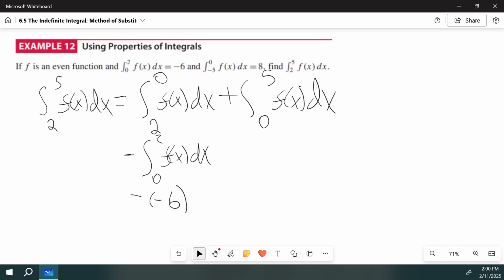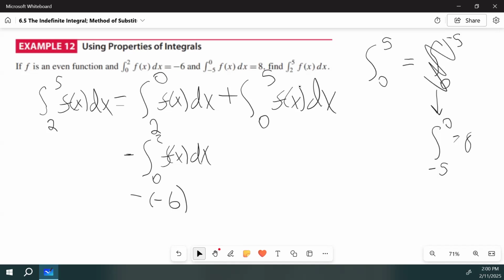And since f is even, the integral from 0 to 5 is going to be equal to the integral from 0 to -5. But they gave us the integral from -5 to 0 and said that that was equal to 8. Since the limits are switched, no, we're good there.